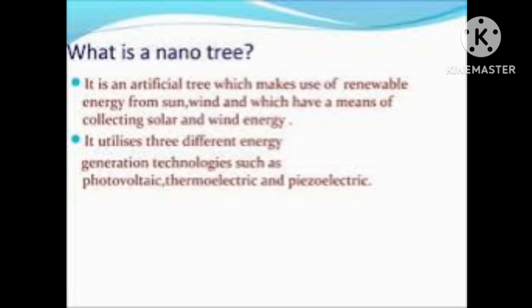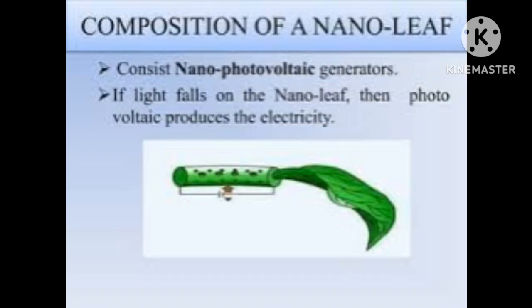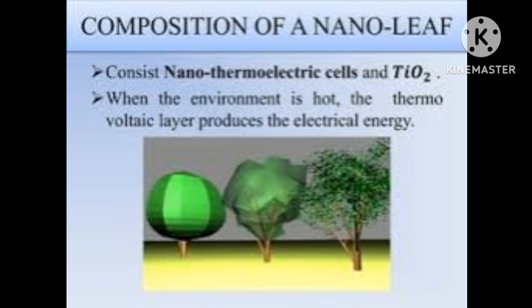The nano leaves reflect only a small part of the sunlight that strikes them. The rest of the spectrum, the wavelengths of the light, is converted into electrical energy. These leaves can also convert invisible light, that means infrared (IR) radiation.